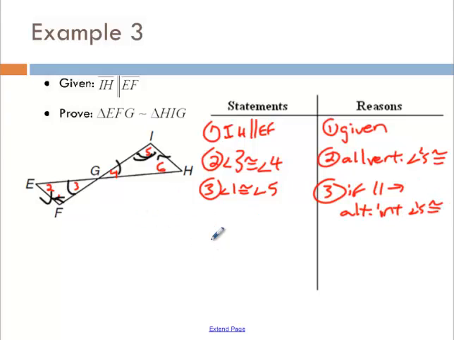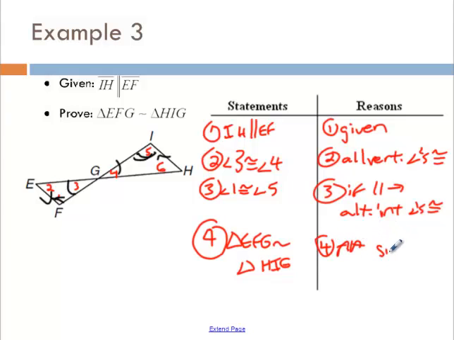And now remember, I only need 2 pairs of angles, so since I have 2 pairs of angles, triangle EFG is similar to triangle HIG, and that is by angle-angle similarity.